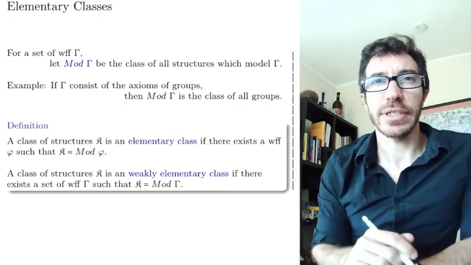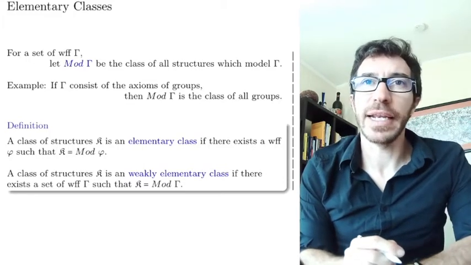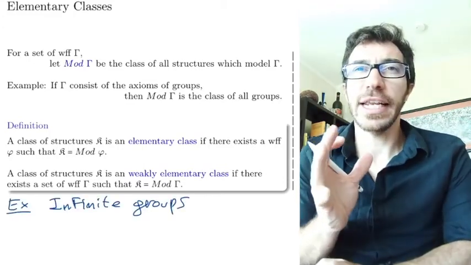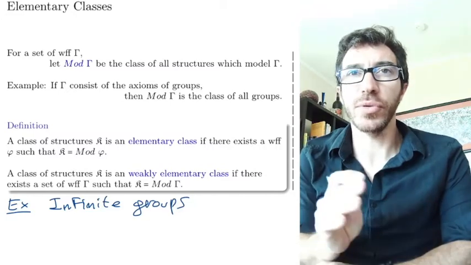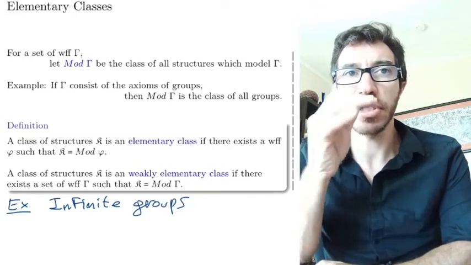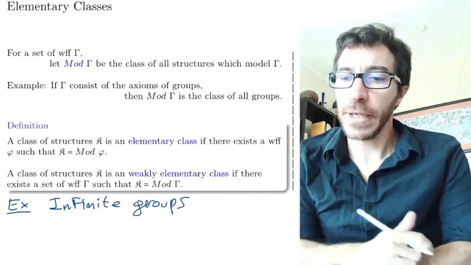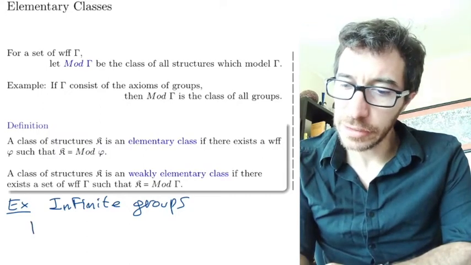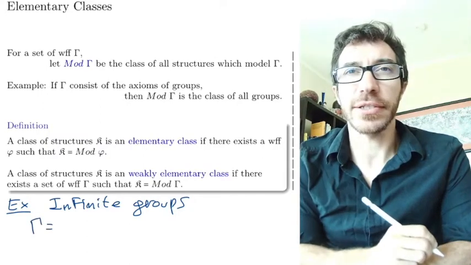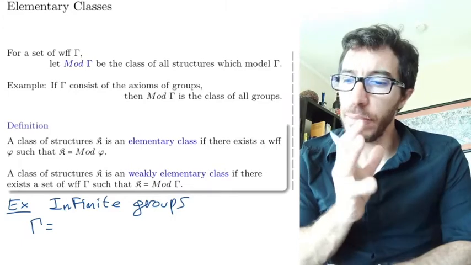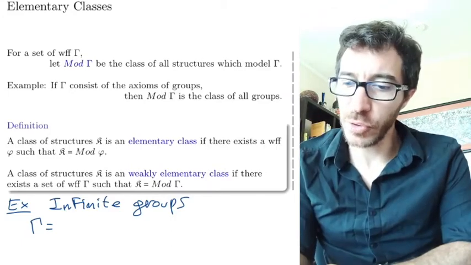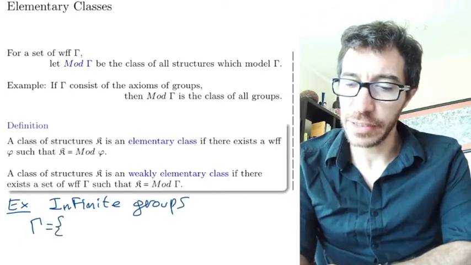For instance, let me show you another example of a weakly elementary class. So let's consider the class of infinite groups. We want to avoid the finite groups and just consider the infinite groups. And we want to consider a set of sentences whose models are exactly the infinite groups. So what are we going to do? What is going to be the set of sentences?